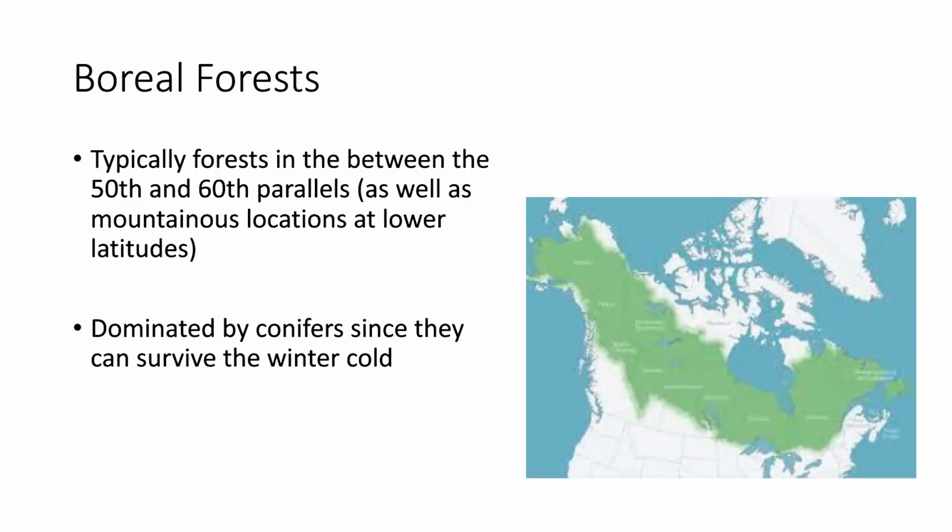So we see the same thing going across the globe at different latitudinal ranges. If we go up from Washington into Canada, like I said earlier, we're going to see the one type of forest that's going to stretch across North America. We're going to see the same thing into Europe and Russia. And these are known as boreal forests.